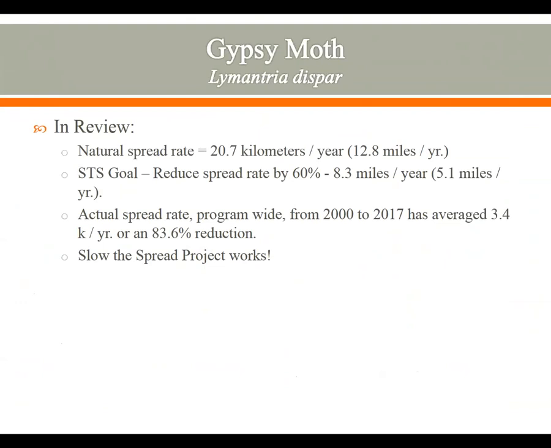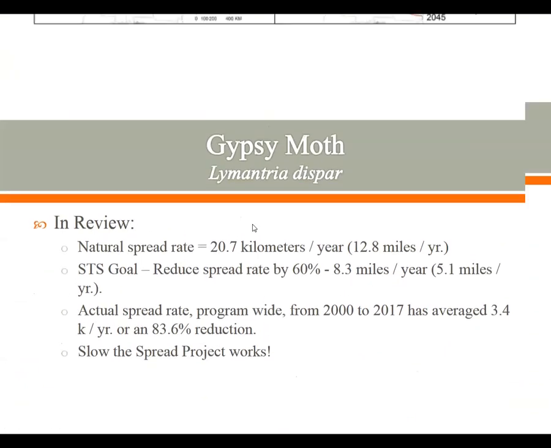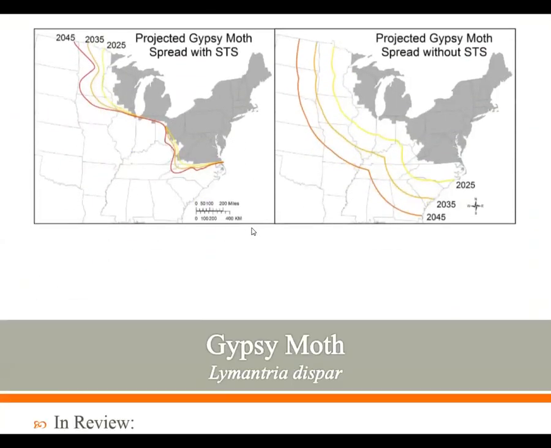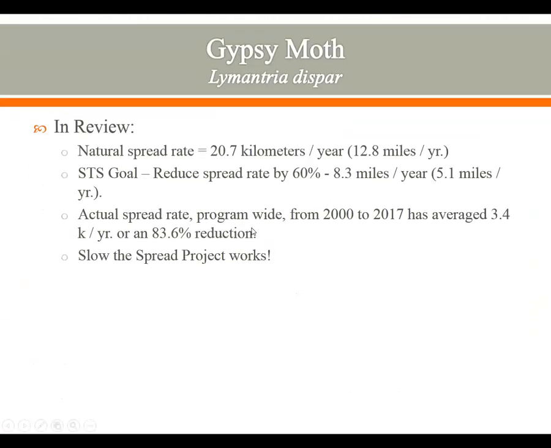The goal national spread rate, again, is 20.7. Our goal was 8.3 kilometers. Excuse me, that should be 8.3 kilometers, not miles. And we are actually reducing that rate by 83% instead of the 60%.